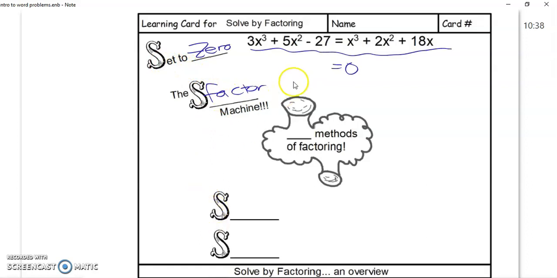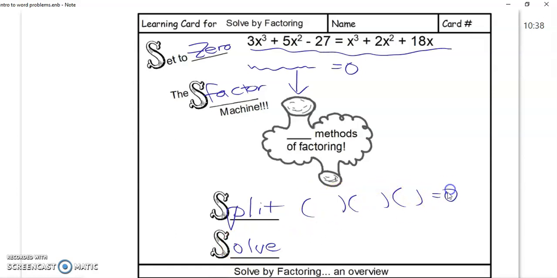Whatever this is, I run it through my factor machine, and that allows me to split and solve the equation. Once I run it through the factoring machine, it's going to be something like this, and then I can split each one of these little factors into their separate little equations and solve them to find out what the different possibilities are, but that's for that particular equation.